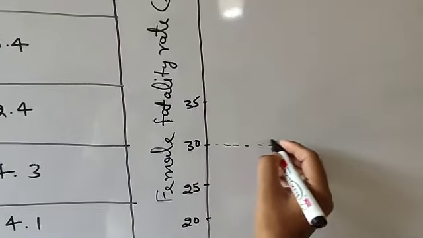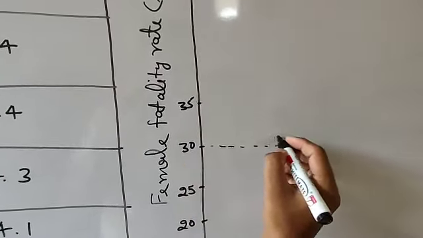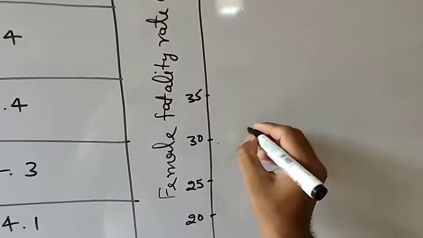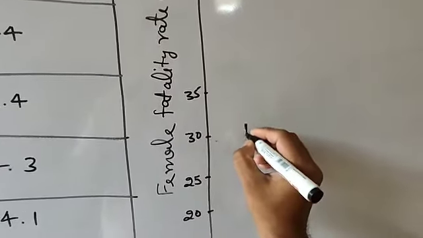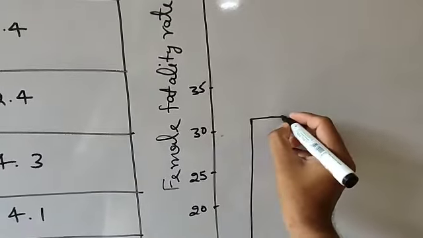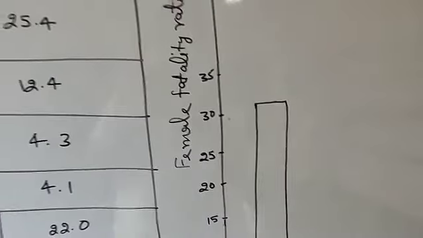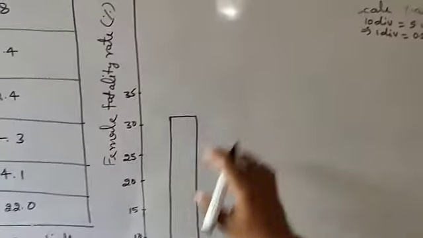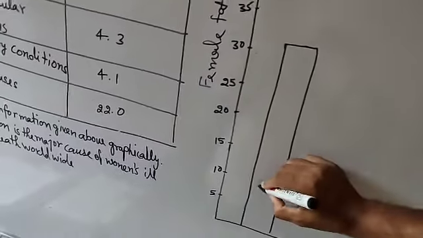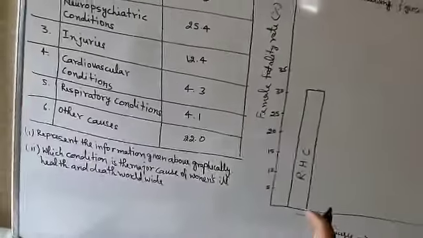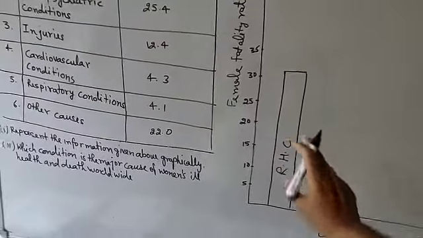So next will be 30.5, then 31, 31.5. So approximately it will be just above here, 31.8. So that you will represent. That is the reproductive health condition. So 31.8 is the reproductive health condition. In short I have written reproductive health condition.